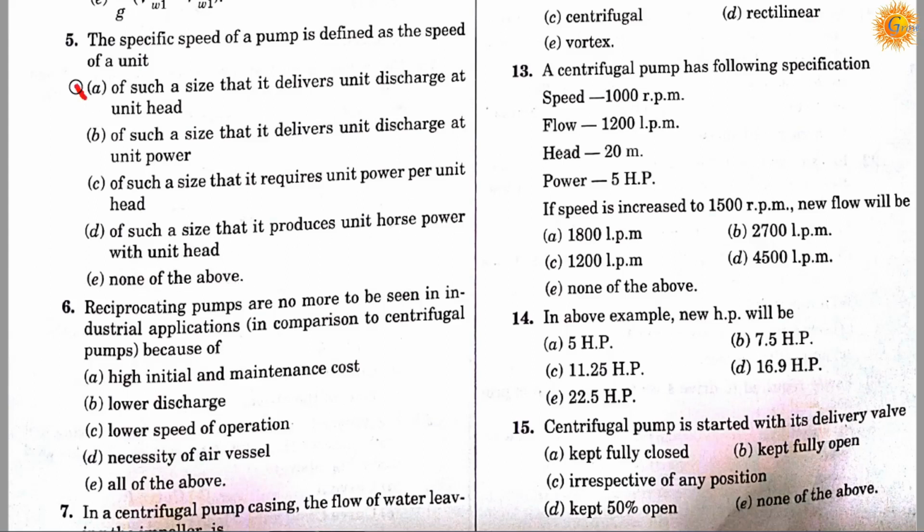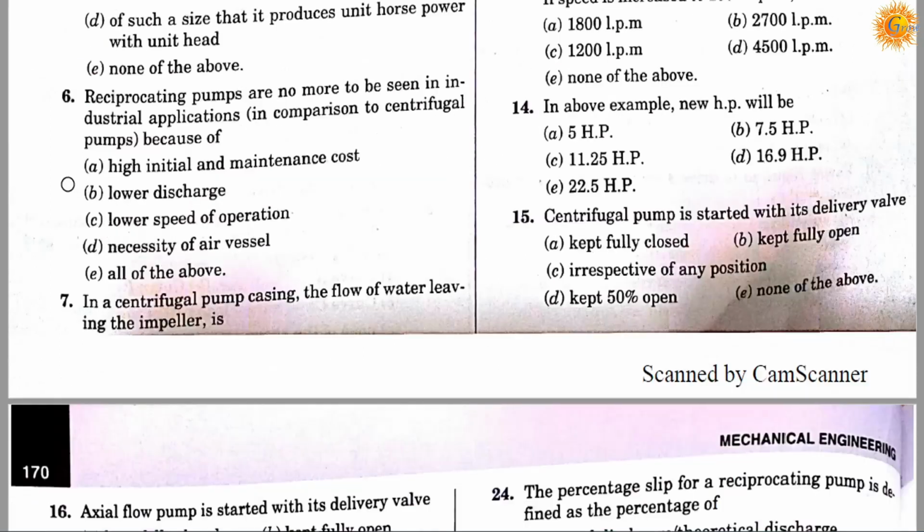Correct answer is A. The specific speed of a pump is defined as the speed of a unit of such a size that it delivers unit discharge at unit head. Question number 6.